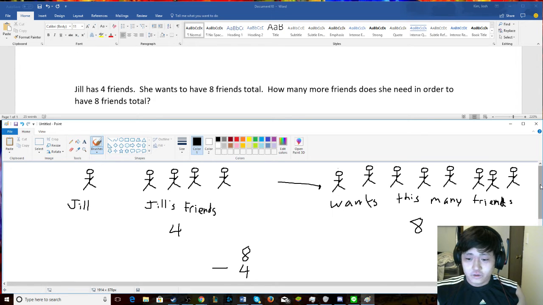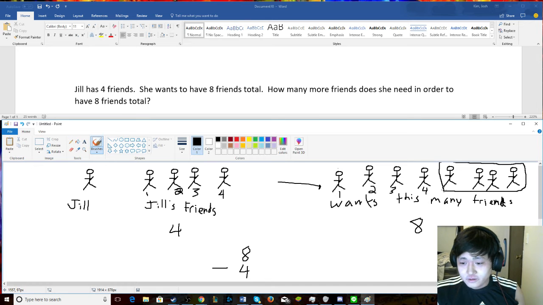So if you can do this math, you can do 8 minus 4, and one way we could actually draw this out is we could cross out all of Jill's current friends. So we'll put Jill's friend 1 here, 2 here, 3 here, and 4 here, and all of these other ones are the ones that she needs to make still.